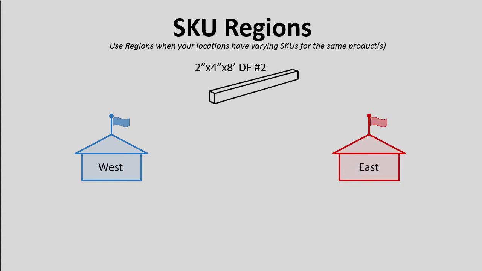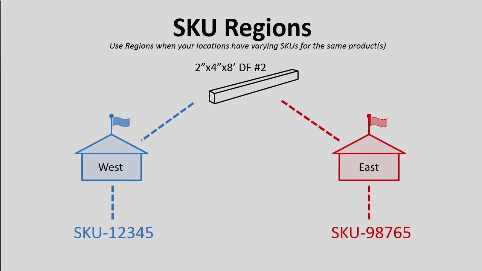And when it came to a specific product, like 2 by 4 by 8 foot Doug fir number 2, the West store used one SKU to call that product out in its point of sale system, while the East store for the same product had a different SKU. While this may not be very common, if your organization has this situation, then you're going to want to make use of regions as you build your PID file.